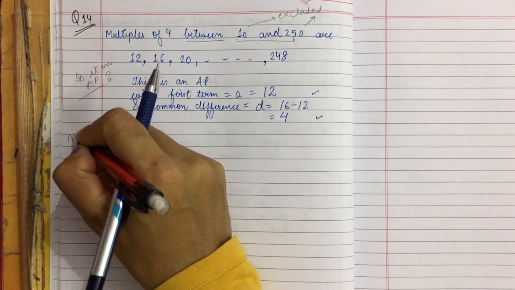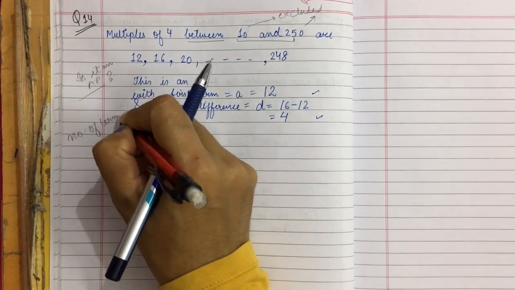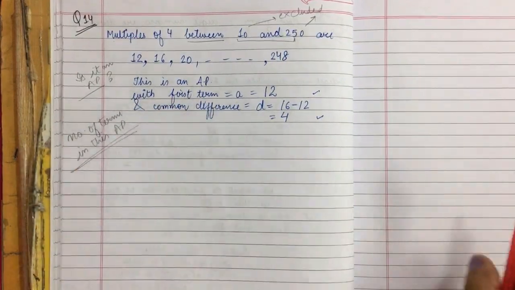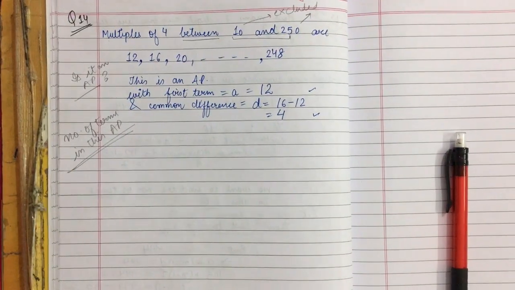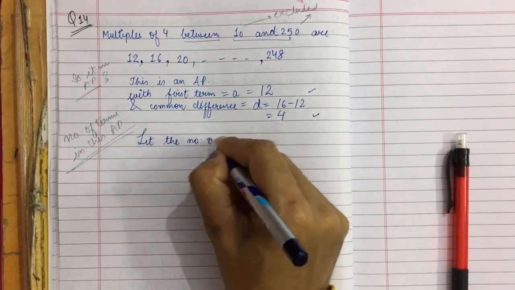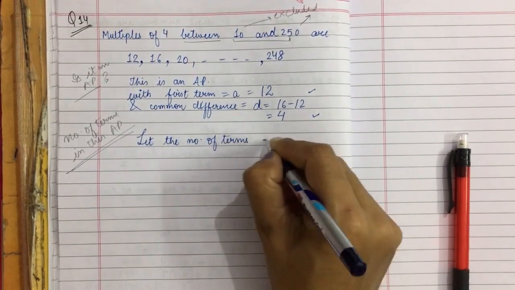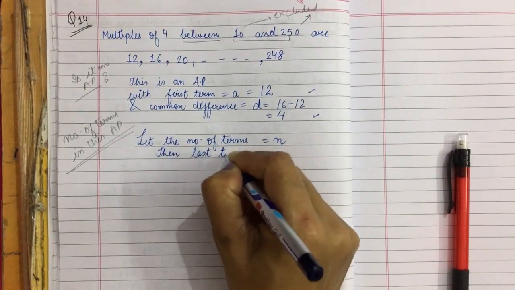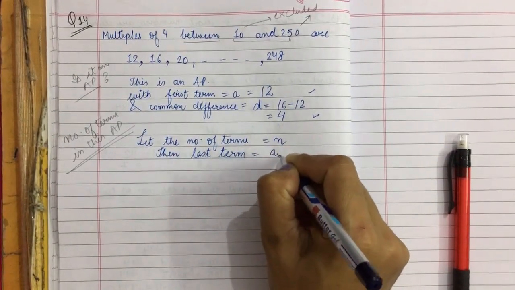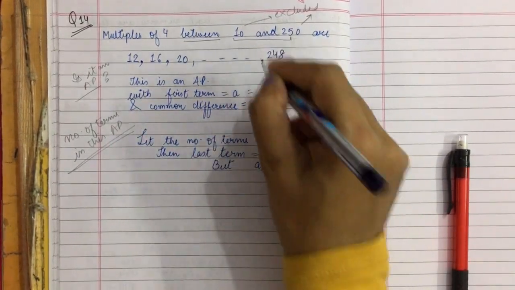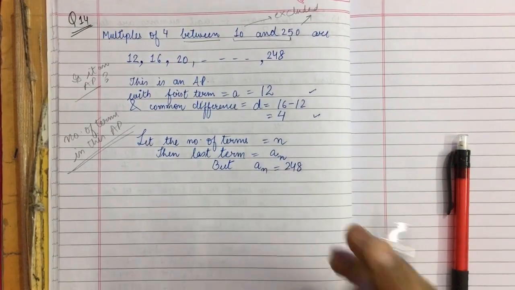We want to find out the number of terms in this arithmetic progression. Again, I will proceed like question number 13, by assuming let the number of terms be n. This means the last term will be an, but from the list an is 248.